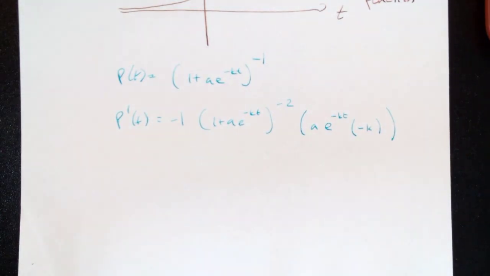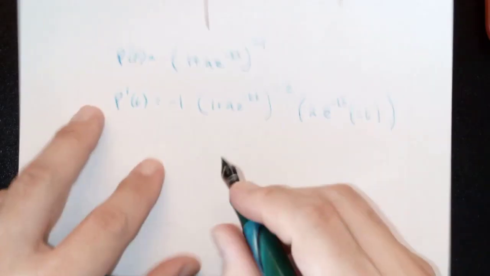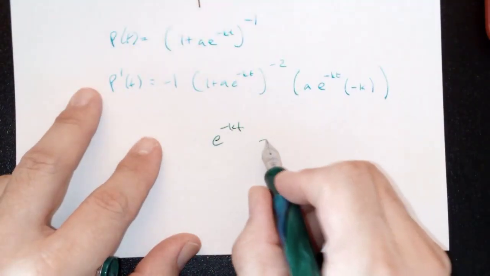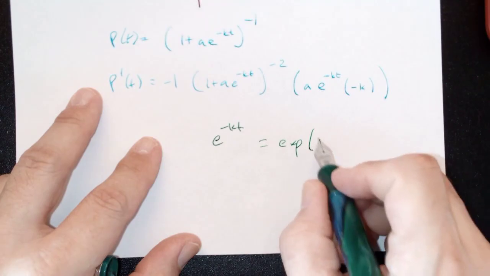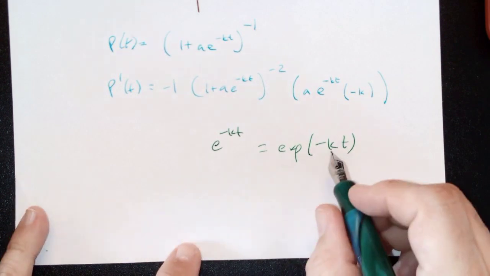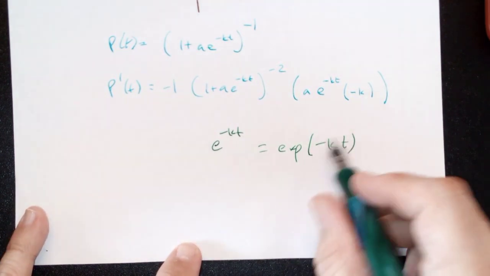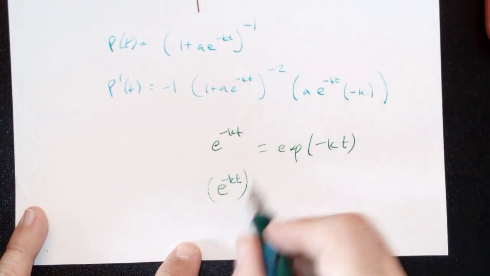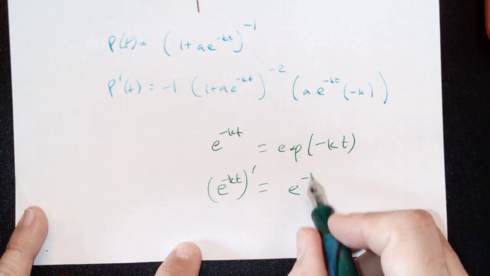Because really, e to the minus kt is the exponential of minus kt. You see how it's on the inside? So when I do the chain rule, I've got to have the extra derivative of the inside. So the derivative is e to the thing again.